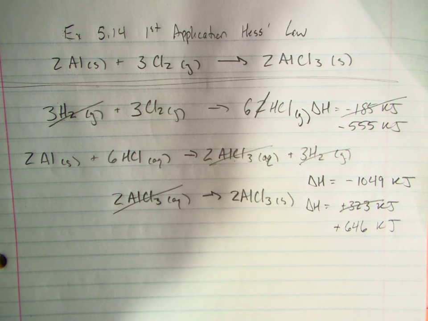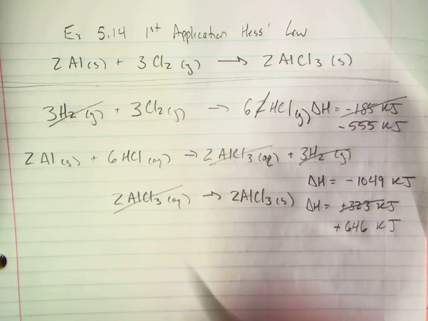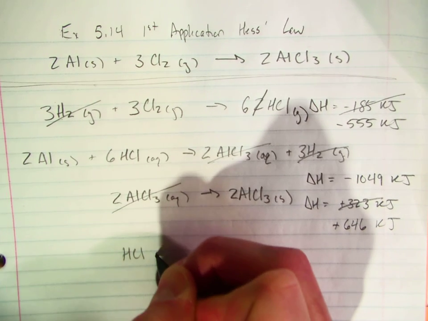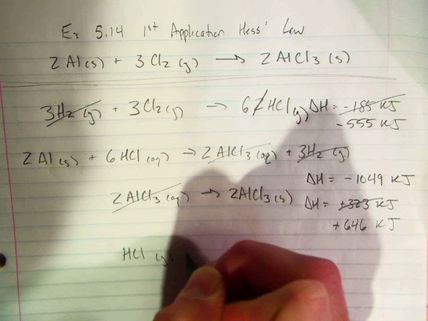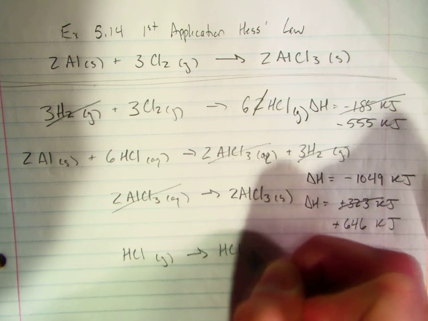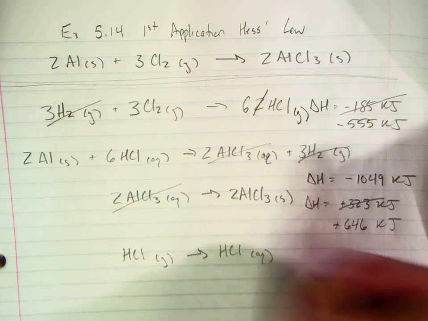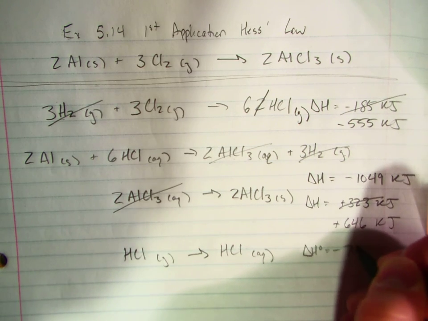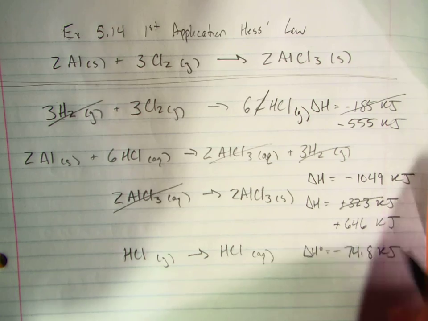And here is where I have to take advantage of reaction 1, which is HCl in the gas phase going to HCl in the aqueous phase. That delta H is equal to negative 74.8 kilojoules.